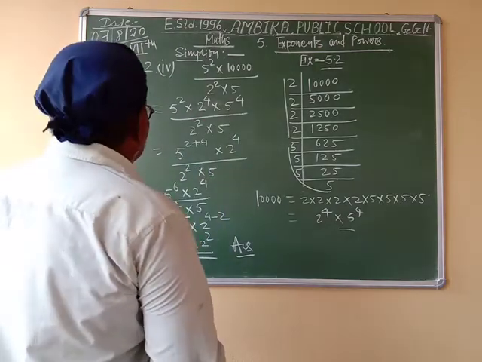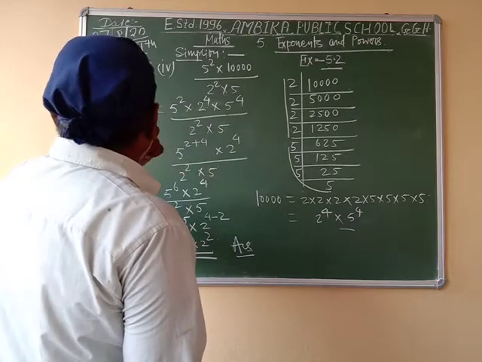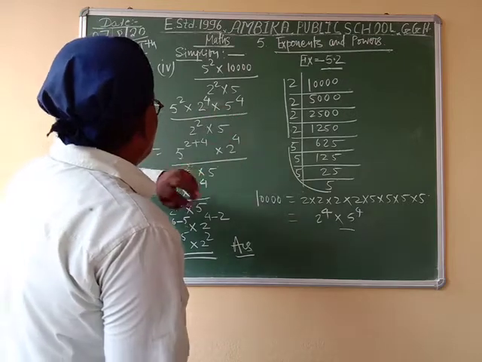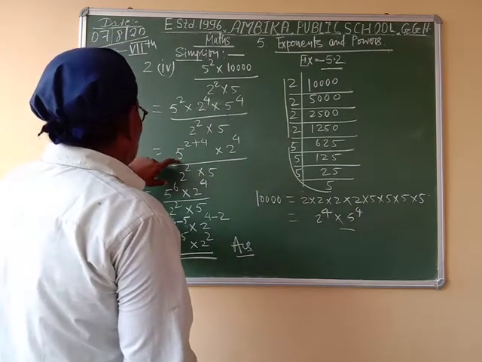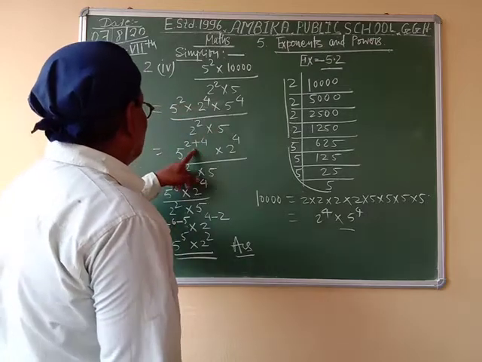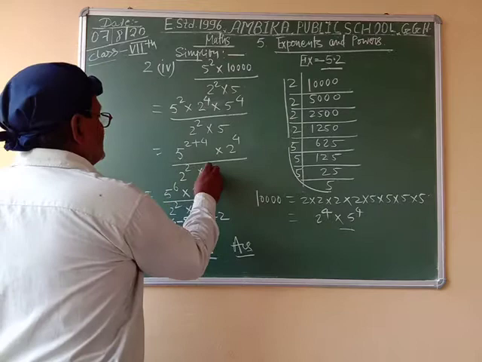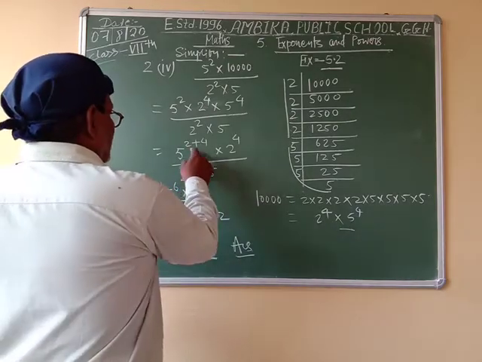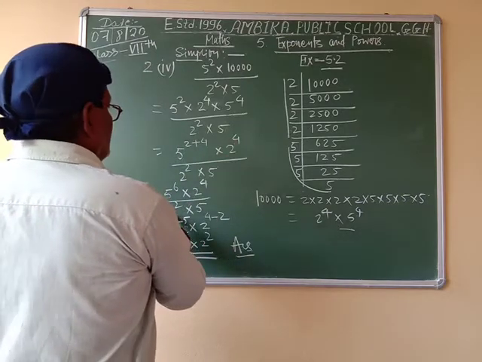According to the rules of indices, a to the power m into a to the power n is equal to a to the power m plus n. So we can write 5 to the power 2 plus 4, which is 5 to the power 6, into 2 to the power 4 by 2 square into 5.